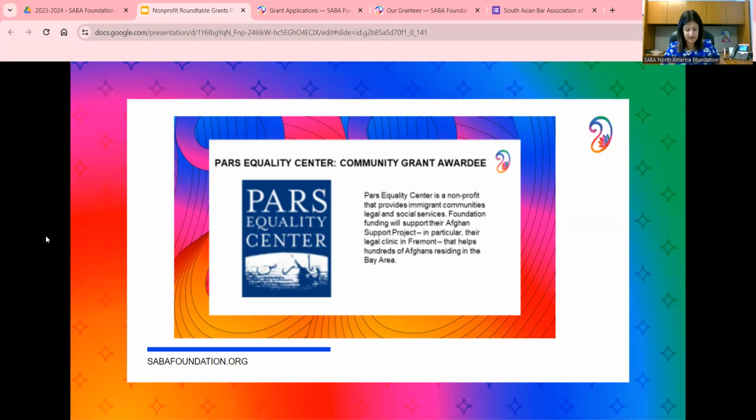Several trustees and other SABA North America members attended that program and helped some refugees from Afghanistan in preparing their applications for temporary protected status in the United States. And the fact that we had that connection with them and they applied for this grant was fantastic, to continue seeing them build and expand that program and grow.